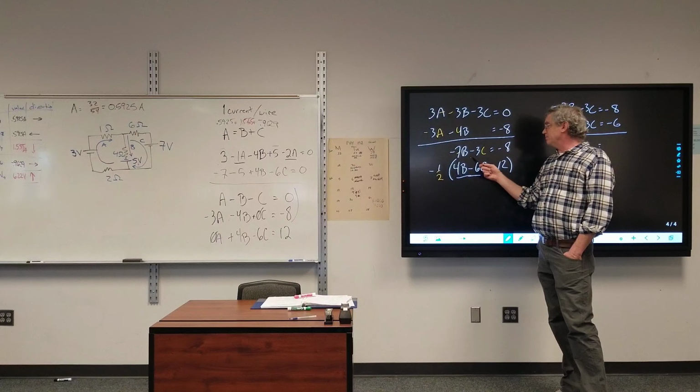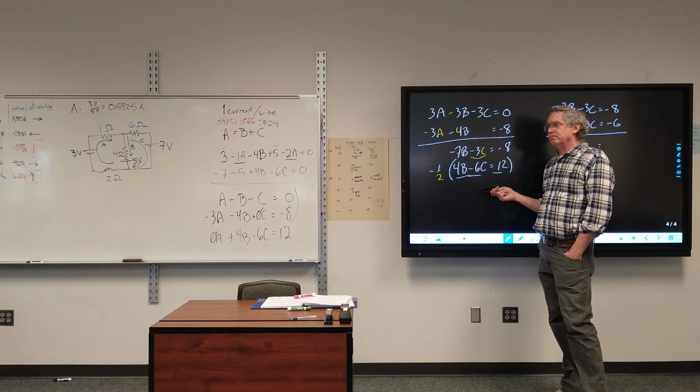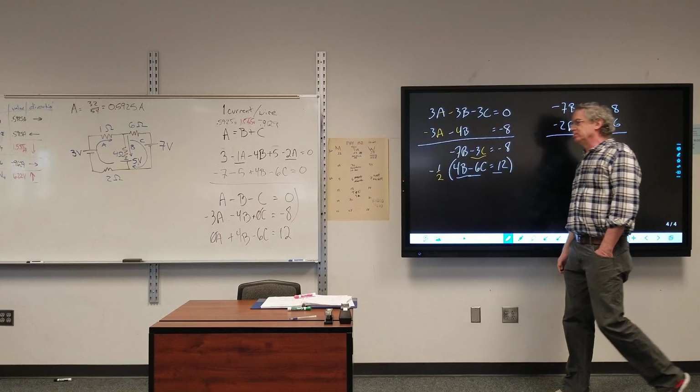I want to get positive 3c down here, and I know that multiplying so that these will cancel out when I add them. So I know if I multiply by negative 1/2, they'll cancel out. So you're just trying to cancel out letters? Yep, absolutely.